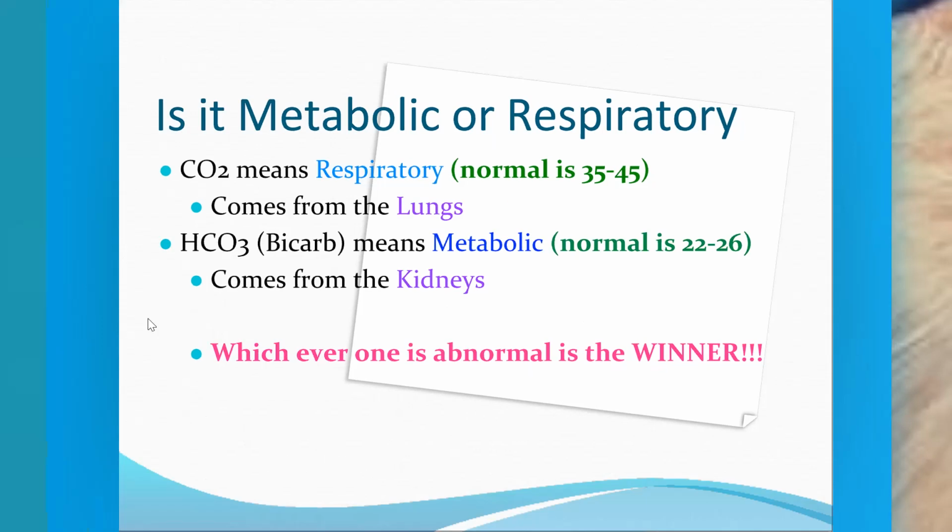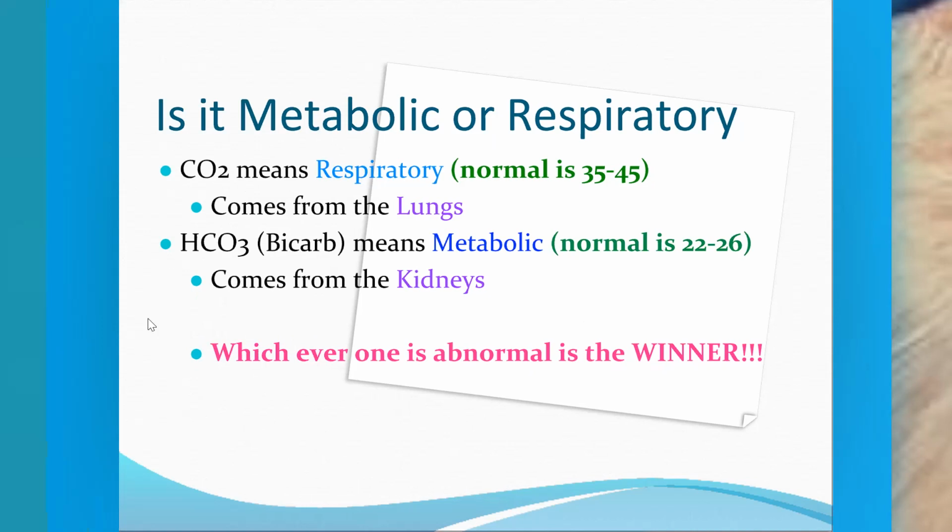Our next step is looking at two different values in our blood. We are looking at our CO2, and then another thing called HCO3, which is our bicarb.